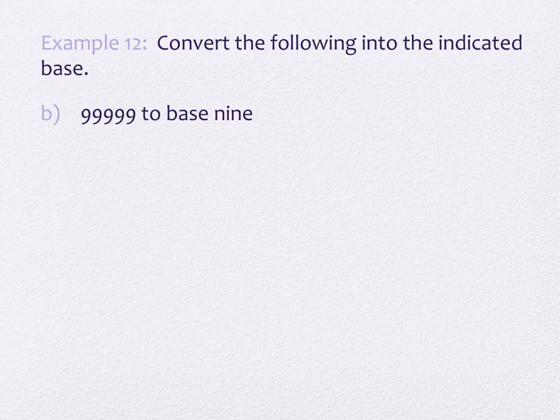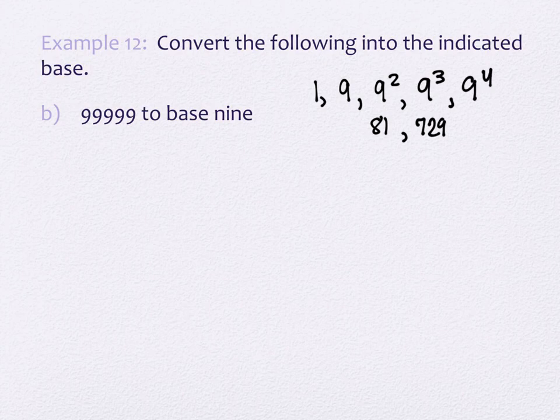So in base 9, we have the 1's place, the 9's place, and then we have 9 squared, which is 81. We have 9 cubed, 729. I think that's as long as I remember now. How about 9 to the 4th? 6,561. And what's 9 to the 5th? I think it's too big. 59,049.